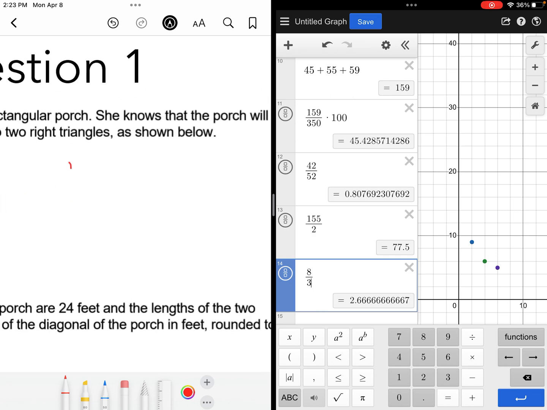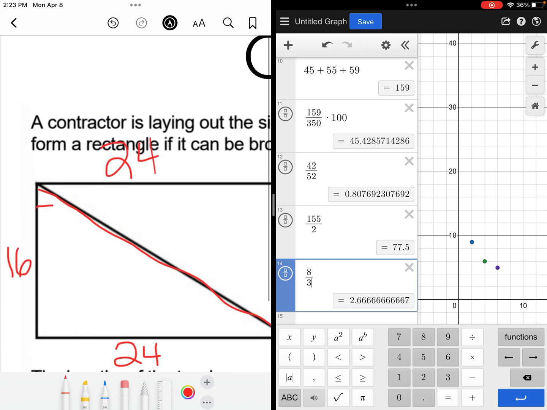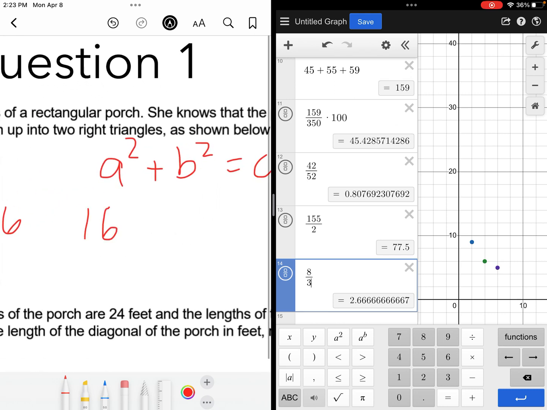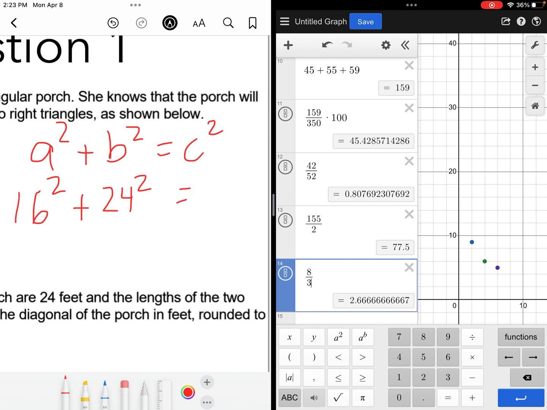So I know my formula is a squared plus b squared equals c squared. And I know that I have two legs because my right angle is here. So 16 squared plus 24 squared equals c squared.